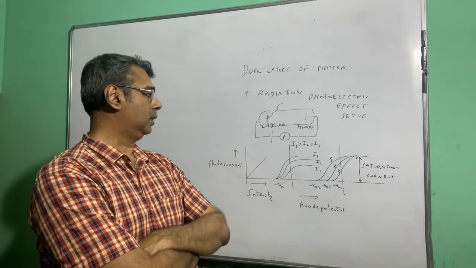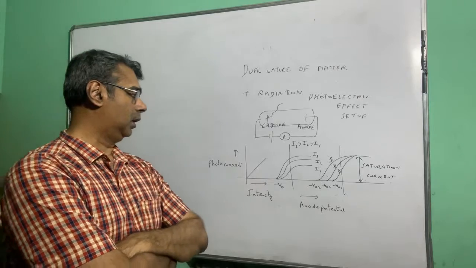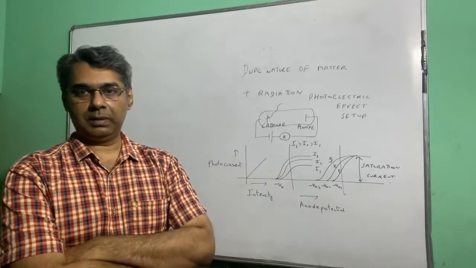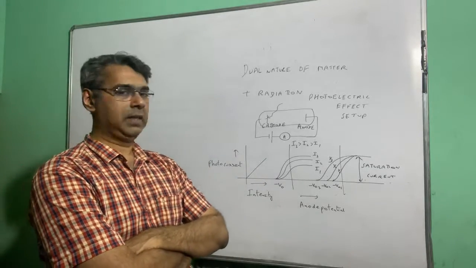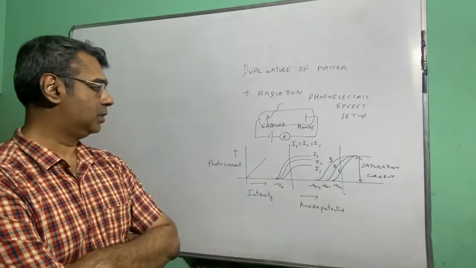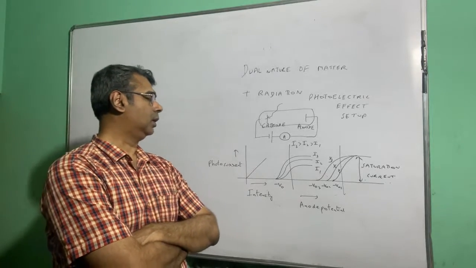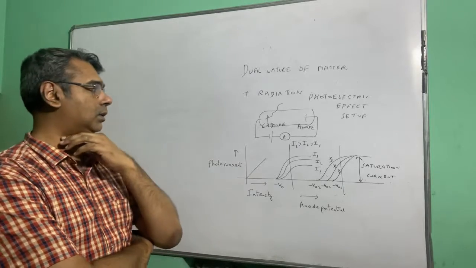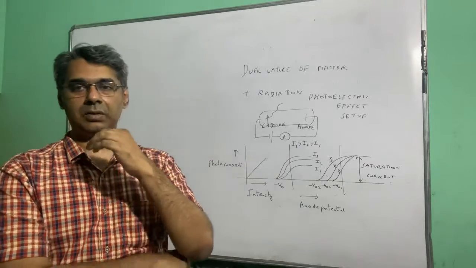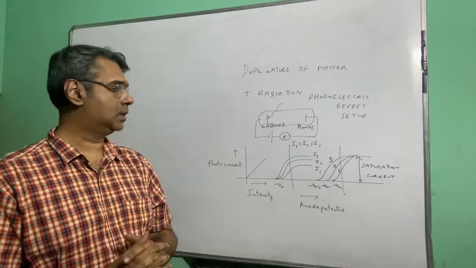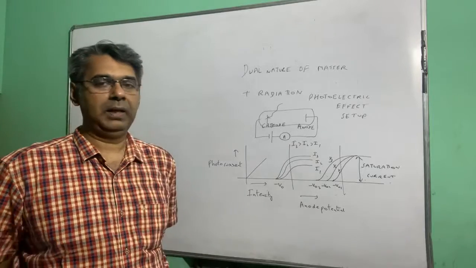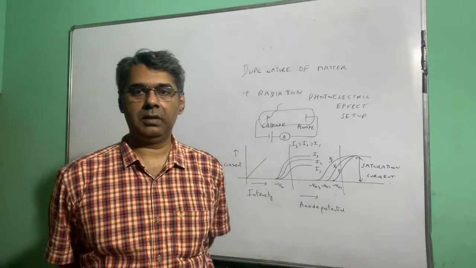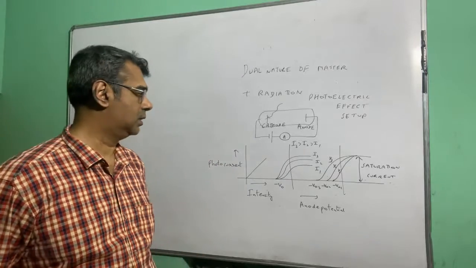Now a few observations were made regarding this experimental setup. First of all, this light has photons, and if the light has a larger number of photons, the intensity will be high. If the light has a lesser number of photons, the intensity will be less.